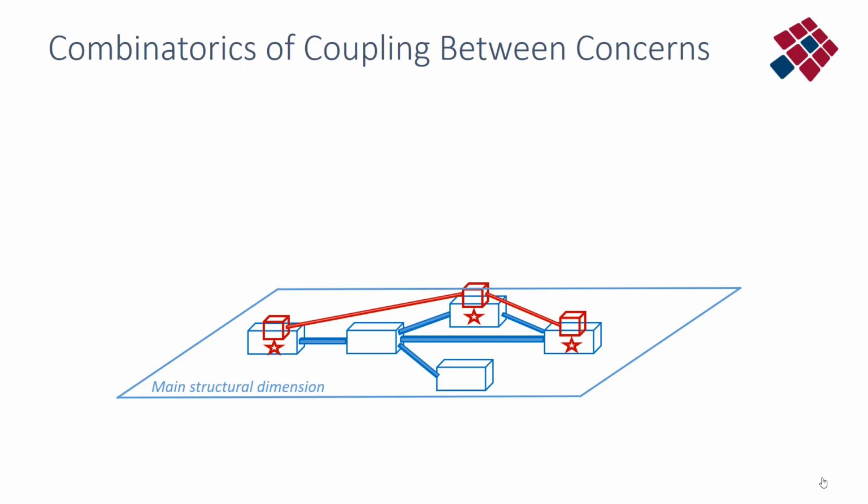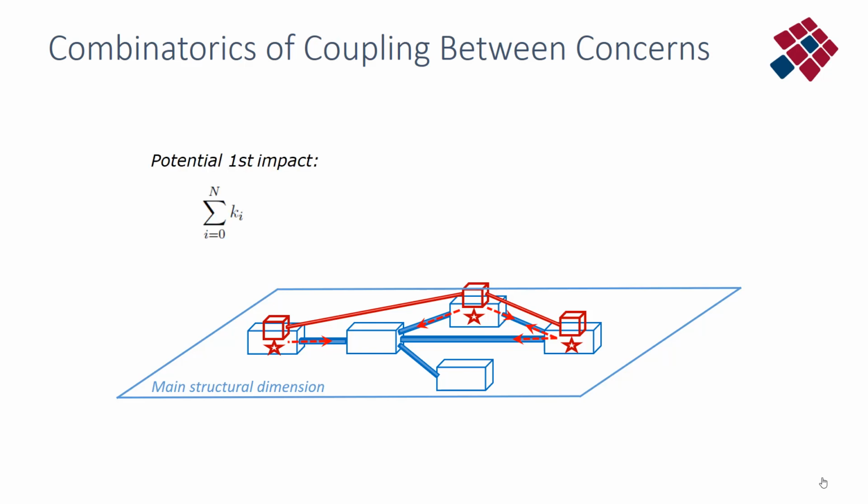And it can also propagate or ripple from changing those main functional modules to the connected other functional modules. And so you can have much more impact of changes rippling through the main functional structure, although the changes originated in the structure of one of the other concern dimensions, of the cross-cutting concerns.